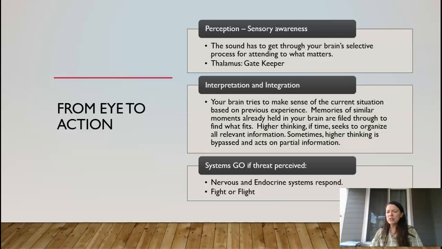So if there's something in your environment, this can happen. Maybe another example might be you're walking down the trail and in your peripheral vision, there's this long object, and your brain goes through the information really quickly and it says threat, snake, long object.